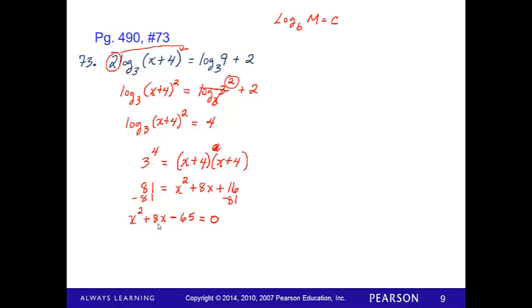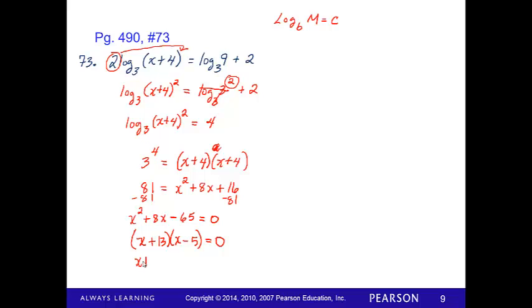Remember, you can solve it using the quadratic formula, or you can factor it. This factors into x plus 13 times x minus 5 equals 0. It has a product of negative 65, and the sum is positive 8.